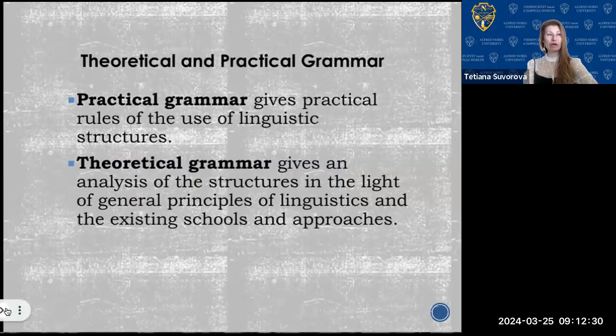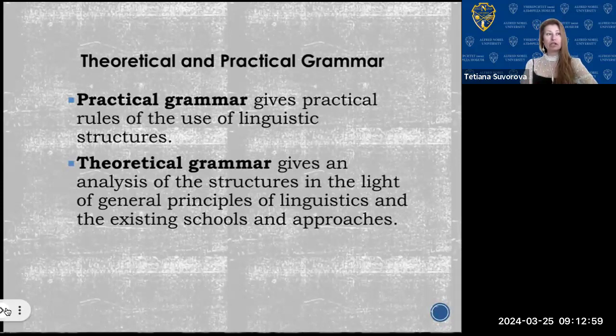in general terms the definition of both grammars, and here you see practical grammar gives practical rules of the use of linguistic structures of different sizes, yes, starting with the words or even more, because if we speak about grammar, the minimum unit is the morpheme, as it has meaning, form and function, because we cannot speak about something that doesn't have meaning. It's not about grammar.